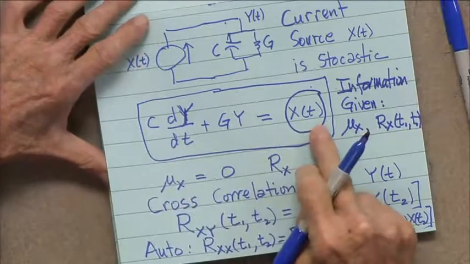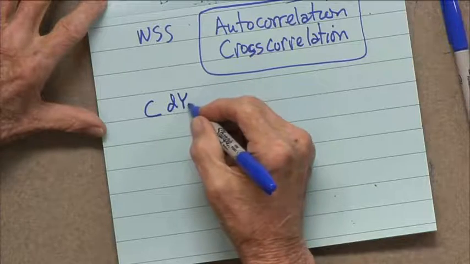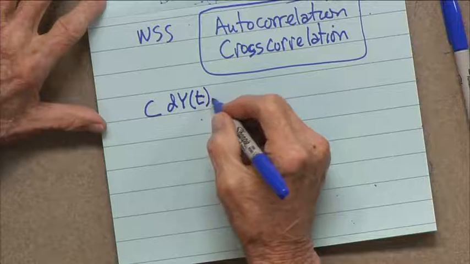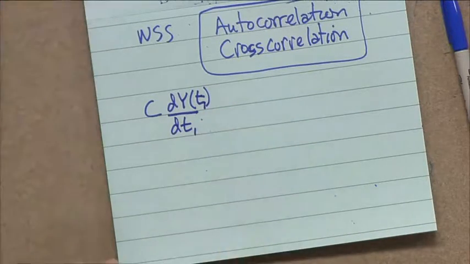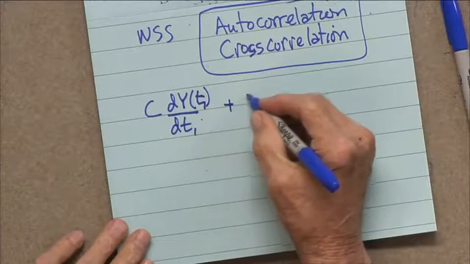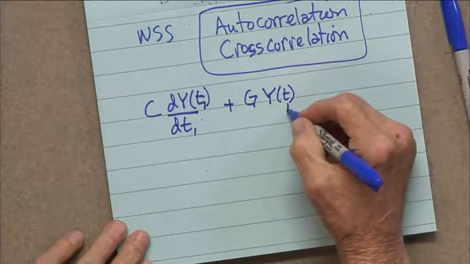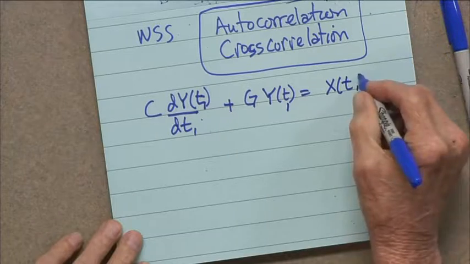So if I look at that differential equation, I could write it as C dy(T1)/dt1 plus the conductance G times y at T1 is equal to X at T1.